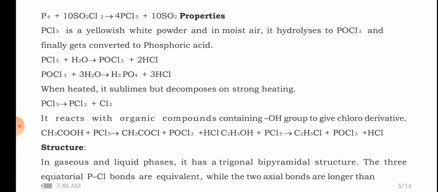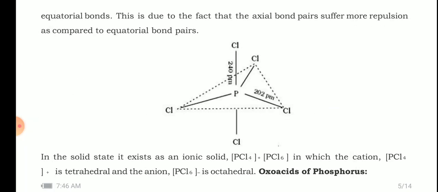The three equatorial P-Cl bonds are equivalent, while the two axial bonds are longer than the equatorial bonds. This is due to the fact that the axial bond pairs suffer more repulsion as compared to equatorial bond pairs. So you have 3 chlorine atoms in an equilateral triangle and 2 on the axial side, up and down. This is the structure for PCl5.